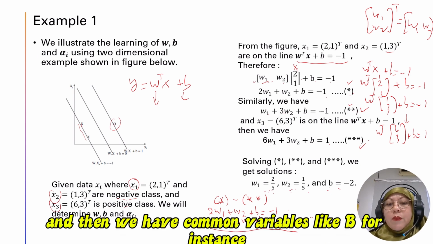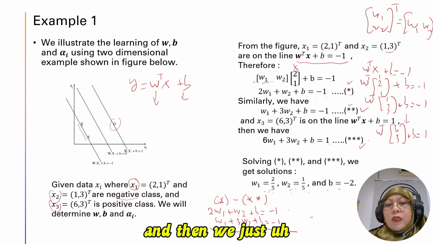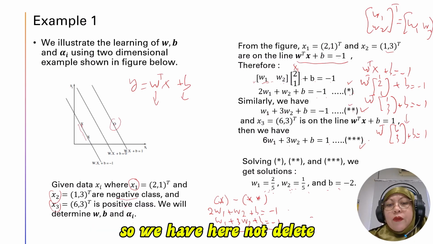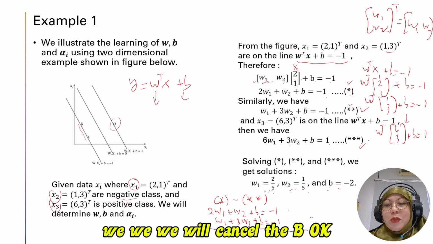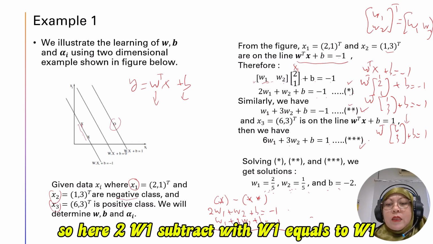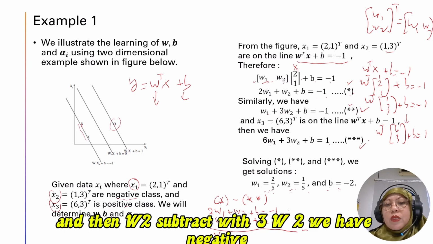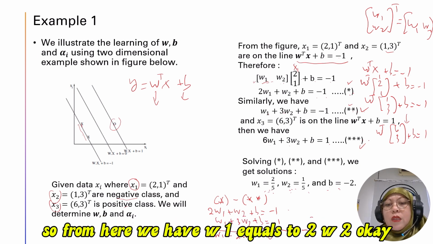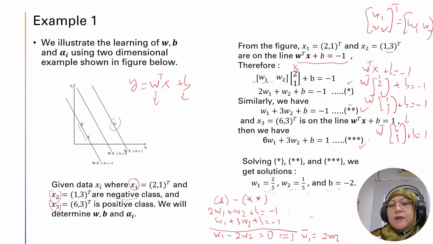We have a common variable B, and we subtract because we want to cancel the B. So 2W1 minus W1 equals W1, and W2 minus 3W2 gives negative 2W2. The B terms cancel, so the right side is also 0. So from here we have W1 equals 2W2.